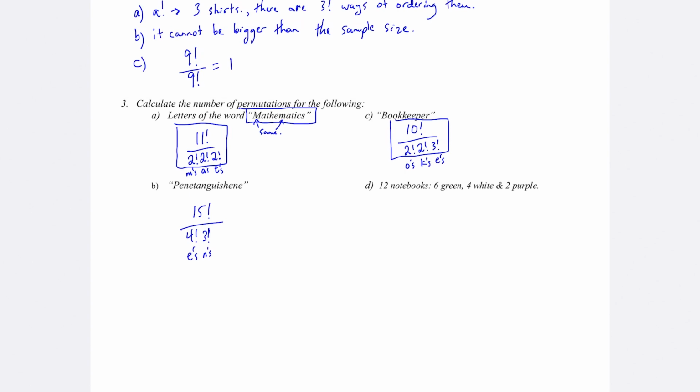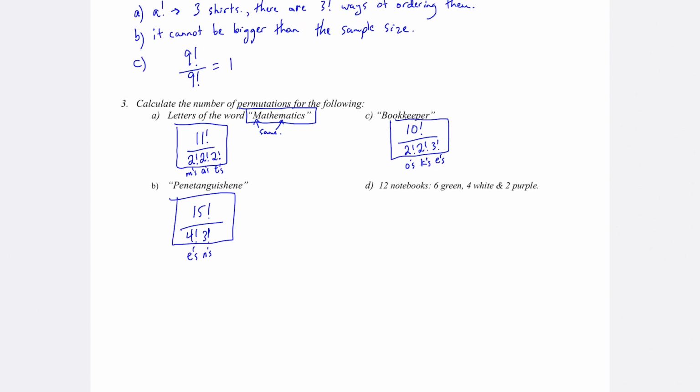What else do we have? We only have 1 T. We have 1 A. We have the 2 N's already. 1 G, 1 U, 1 I, 1 S, 1 H. There are 4 E's, and that's it. We've got it all.